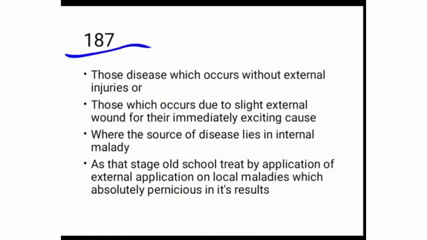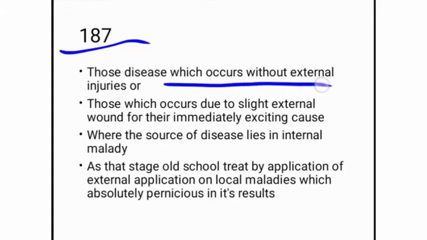In 187, the author says what happens when a disease occurs externally without any external injury, such as a skin infection where no external injury is found. At that time we always require at most a slight external cause which causes the wound.